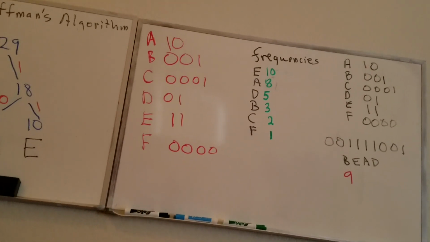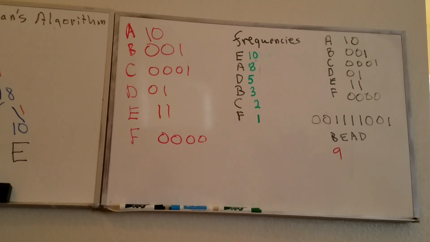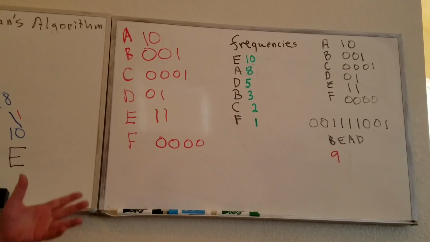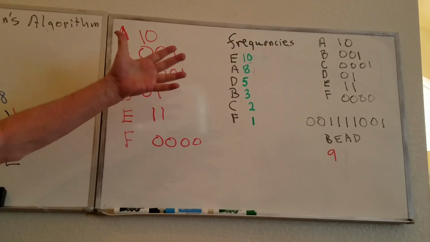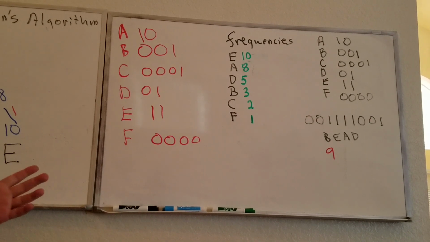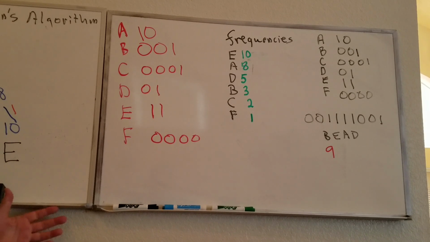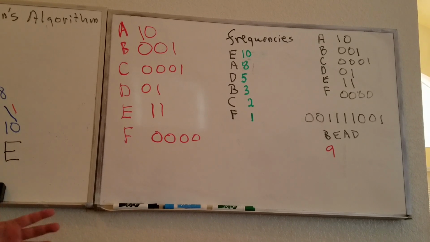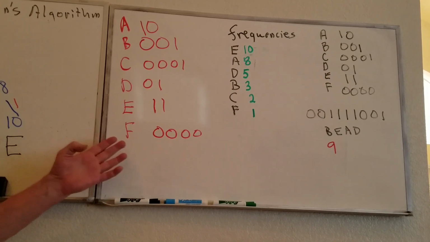And what that means is if you take an average message consisting of these letters, so in other words, you pick each letter with a probability proportional to that frequency, pick a bunch of letters, and then work out the length of the message, which is your cost, then the average length of such a message would be smallest with this code.